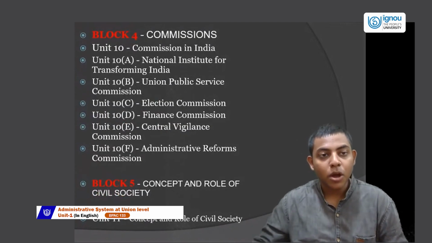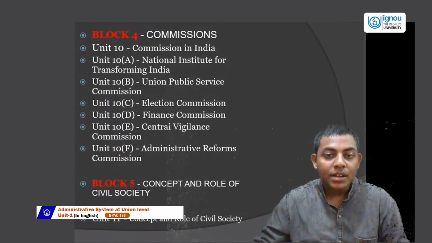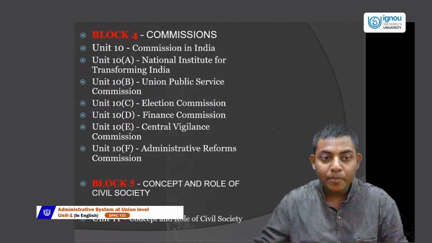In block 4, we are going to do commissions. Here, Unit 10 is related to commissions in India, a general introduction. Unit 10A is related to the National Institute for Transforming India, the Niti Aayog. Unit 10B is related to the UPSC.